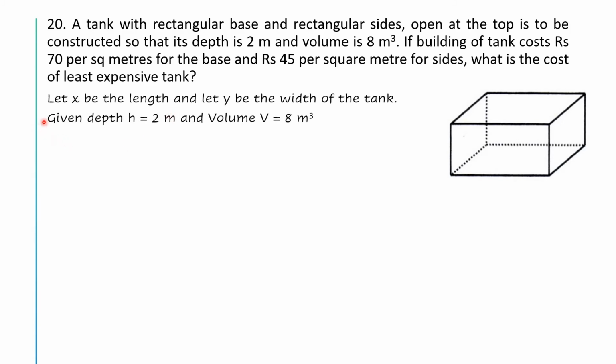So let us take, let x be the length and let y be the width of the tank. It is given the depth h is 2 meter and volume v is 8 meter cube. So we have taken x as length and y as width. The depth is given as 2 meter.